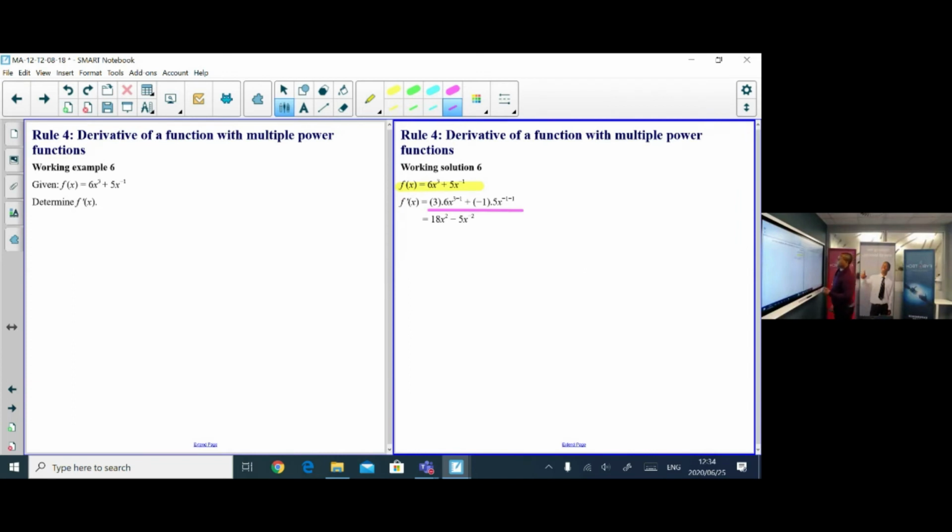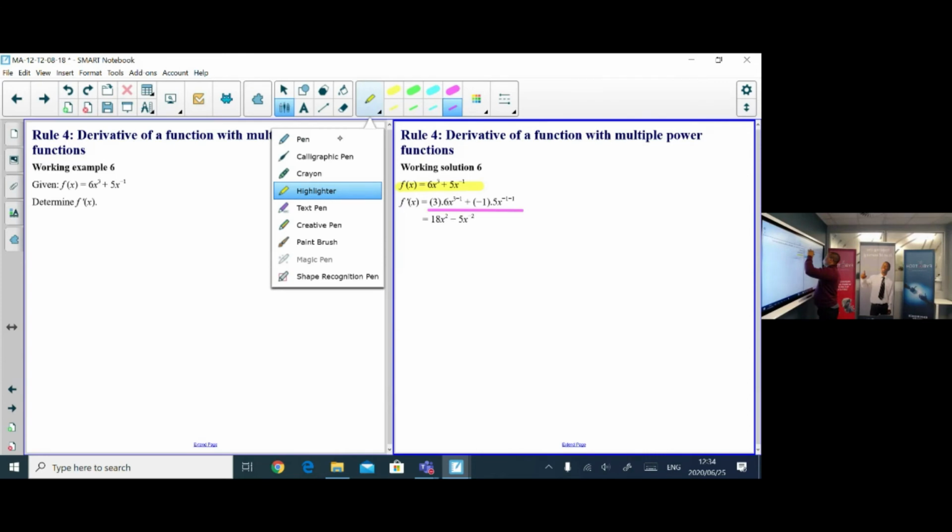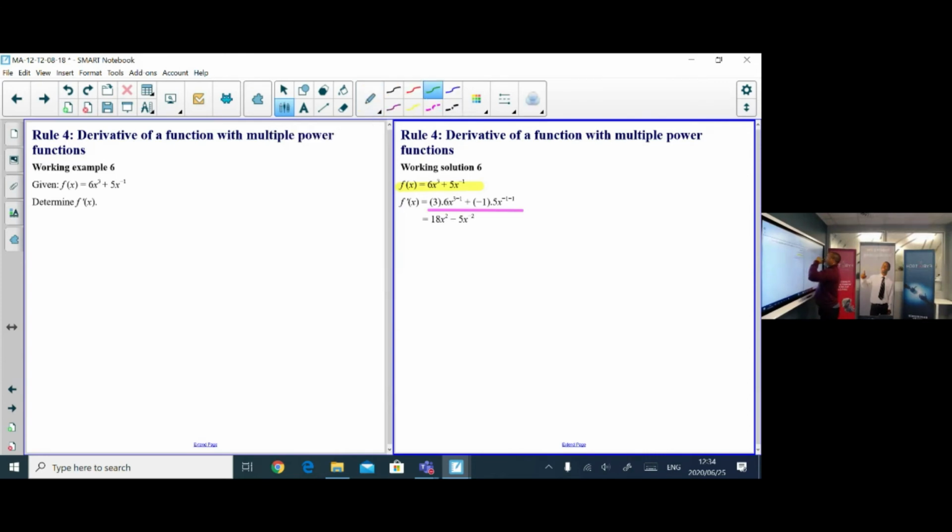So look at it carefully. You will see that individually we are still doing the same thing that we've been doing. Like this is what we've been doing on an individual function, and this is what you've been doing. You are simply adding in between them or subtracting according to the sign that is given.